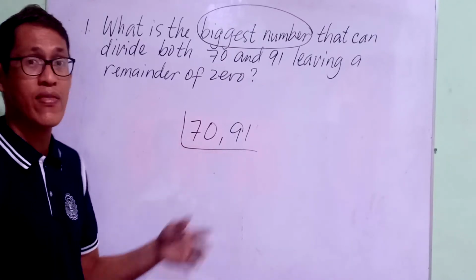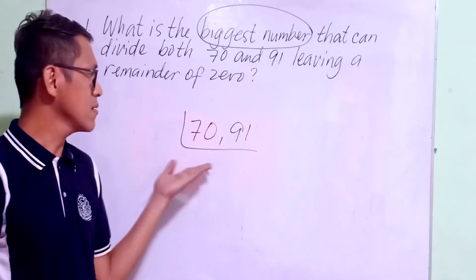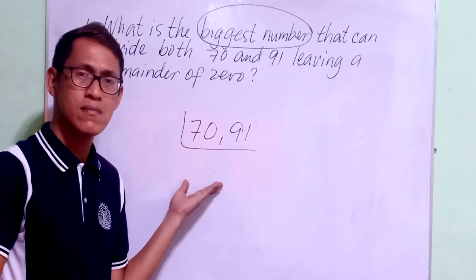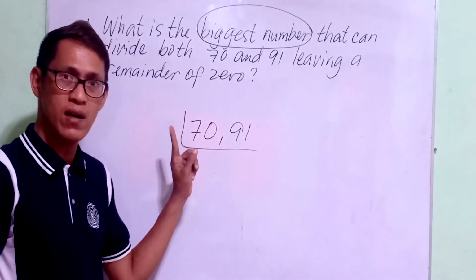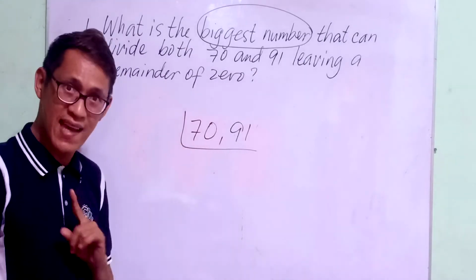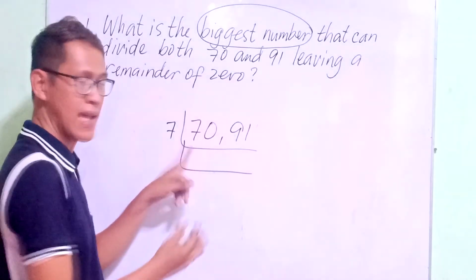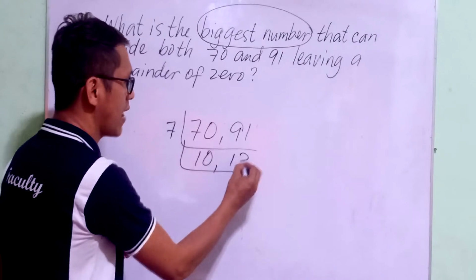Be sure that when you divide, there is no remainder. What number can divide both numbers, leaving no remainder? 2, not possible. 3, 4, what do you think? Yes, 7, right? If I divide this by 7, that's 10. If I divide this by 7, that's 13, correct?